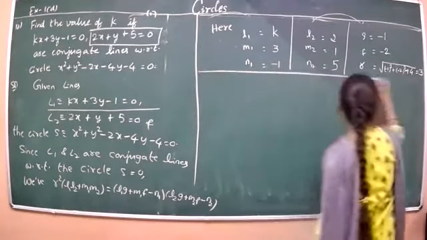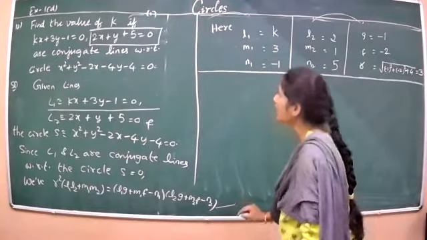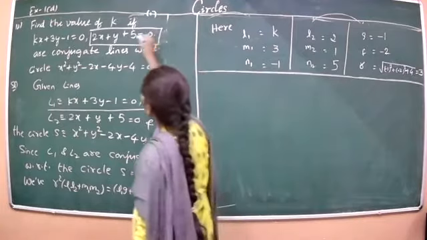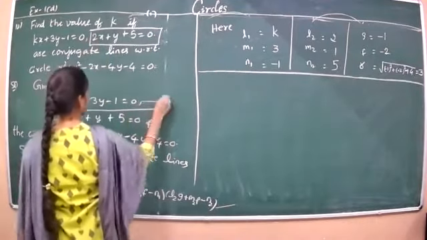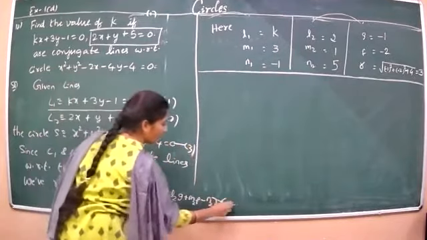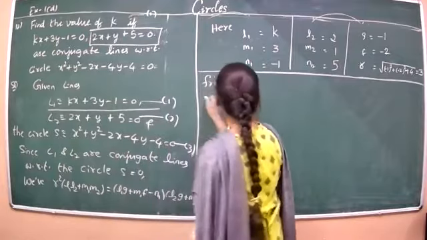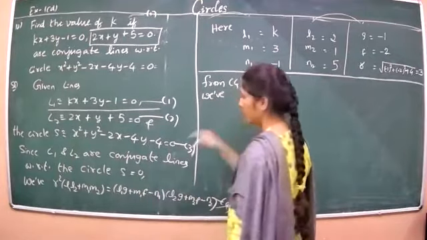Now, substituting these values in the equation, let us take this as equation 1, this as equation 2, this as equation 3, and then equation 4. So from 4, we just substitute the values.